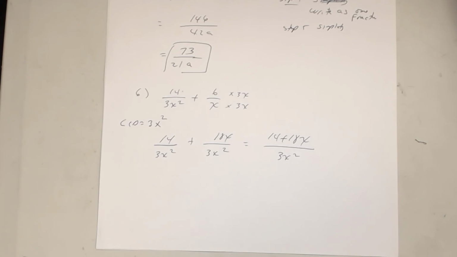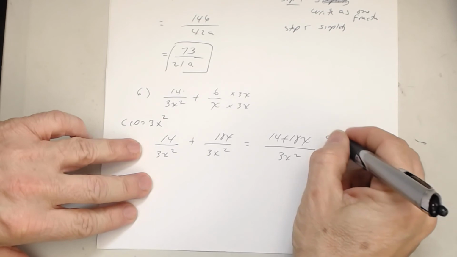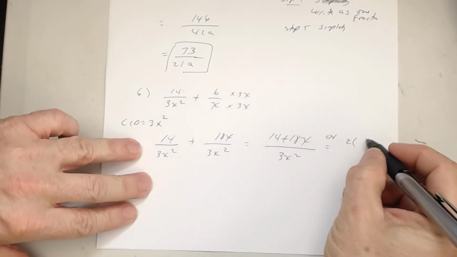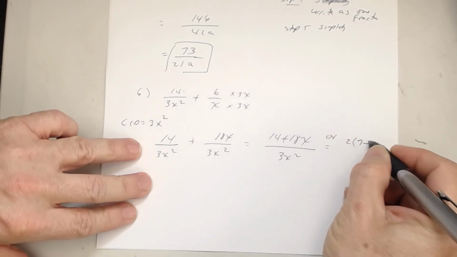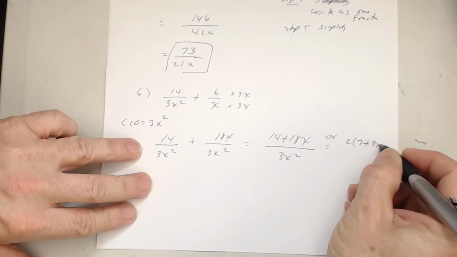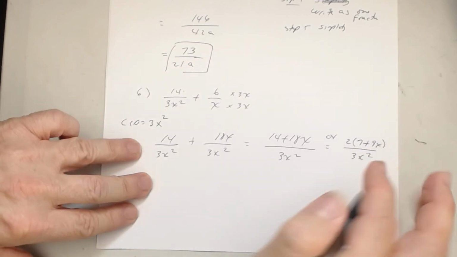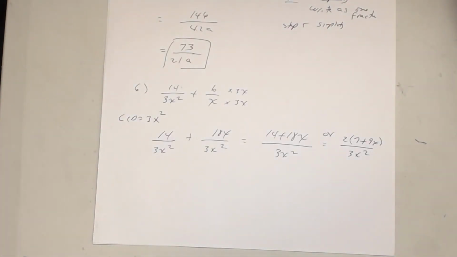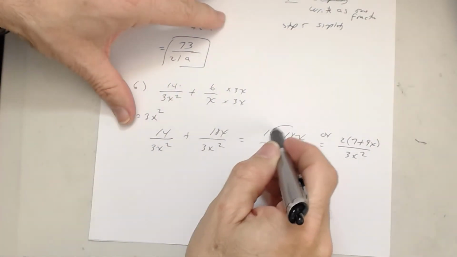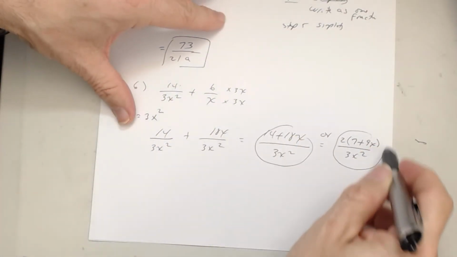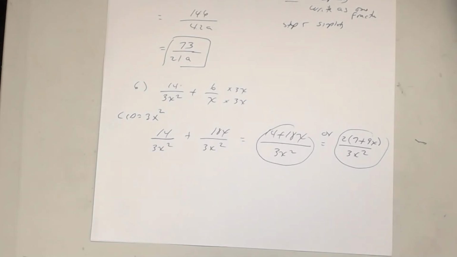Okay, so I'm going to say it again. You can, if you want to, factor out the 2. Put a 2 here. And what is that going to be? 9x plus 7 divided by 3x squared, right? And then the next step would be to reduce. Is that going to help? So it does not matter whether you write it like this or like this. It does not matter. Okay?